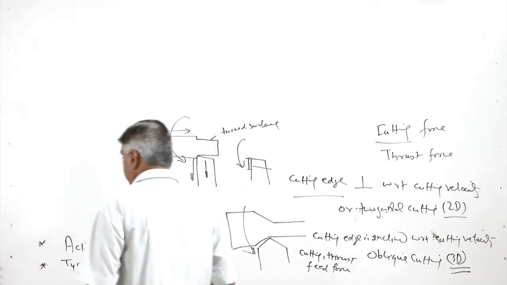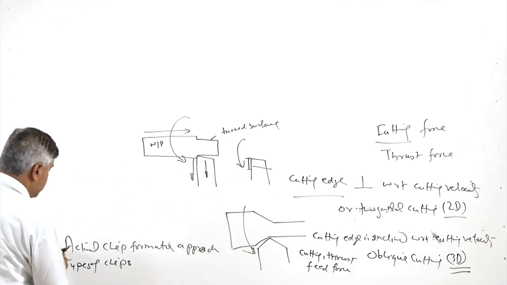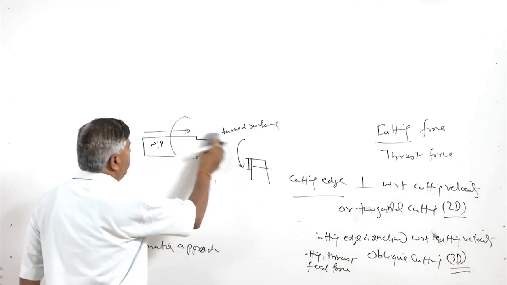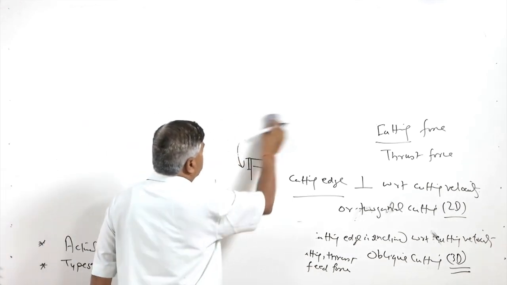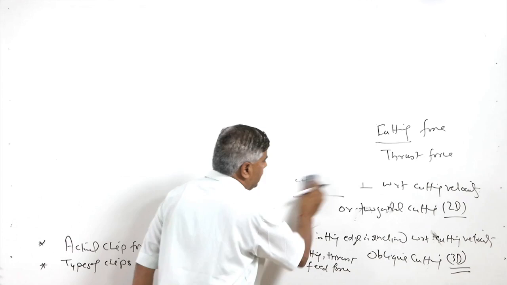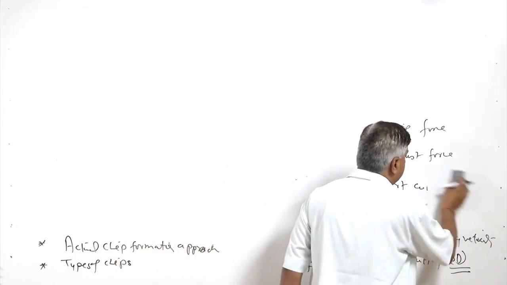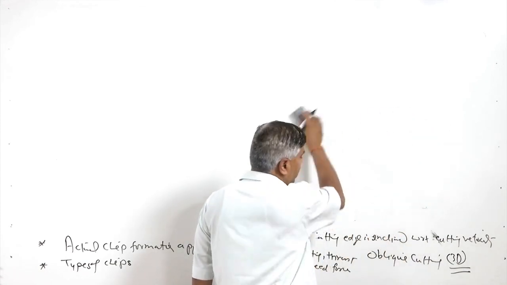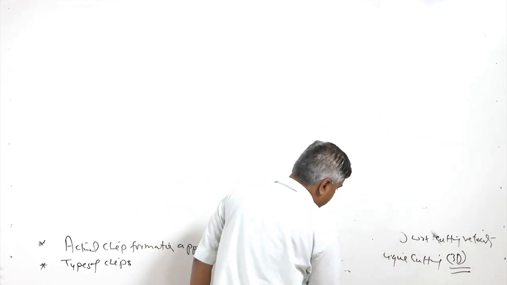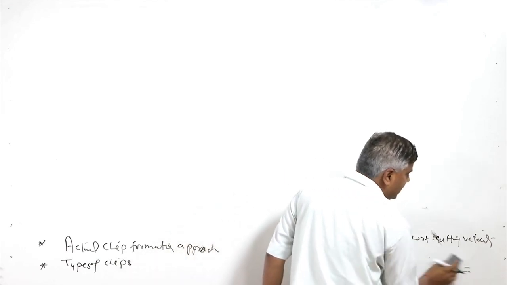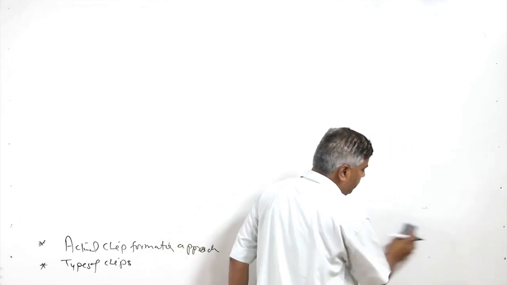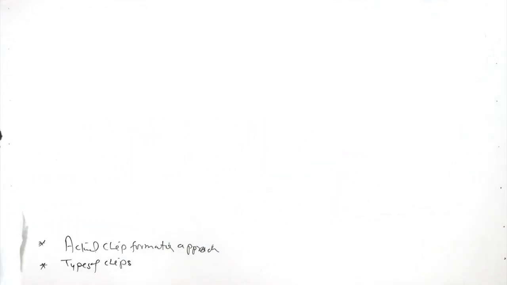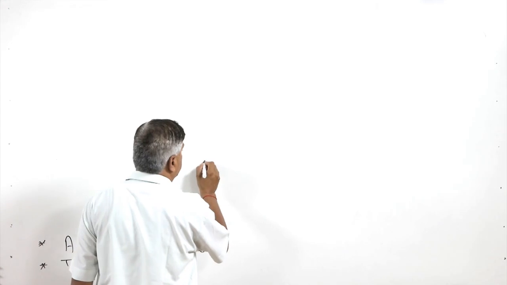So, under identical conditions, if we compare the orthogonal cutting and the oblique cutting, then we will find that for the same depth of cut, same feed rate and the same cutting speed, the interaction area between the workpiece and the tool is more in case of the oblique cutting than in case of the orthogonal cutting.